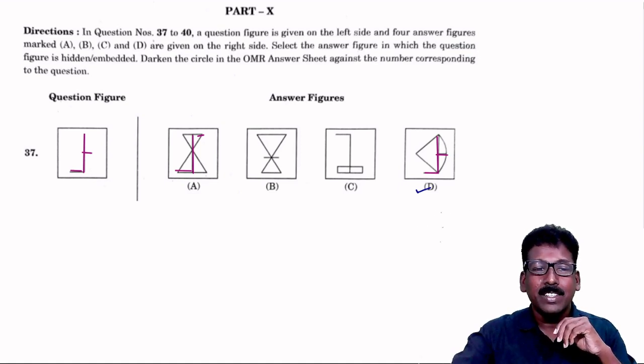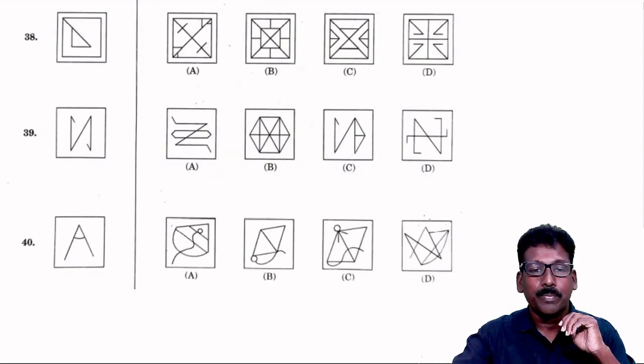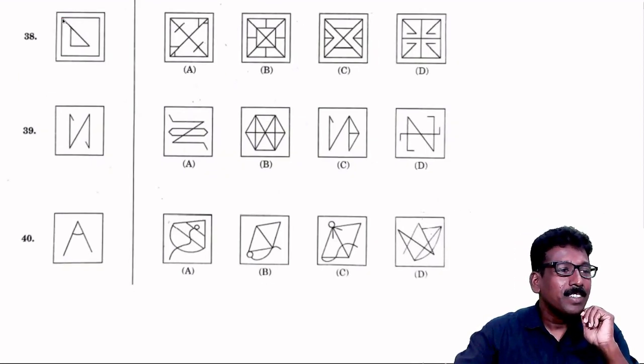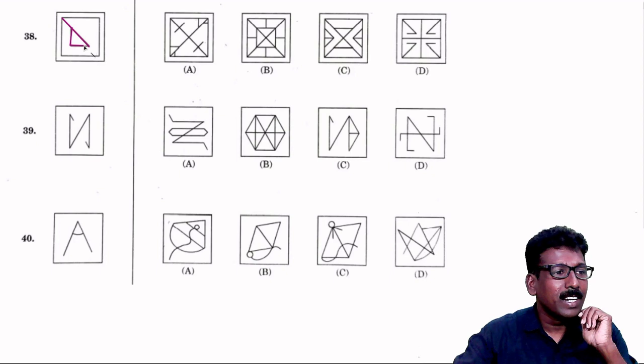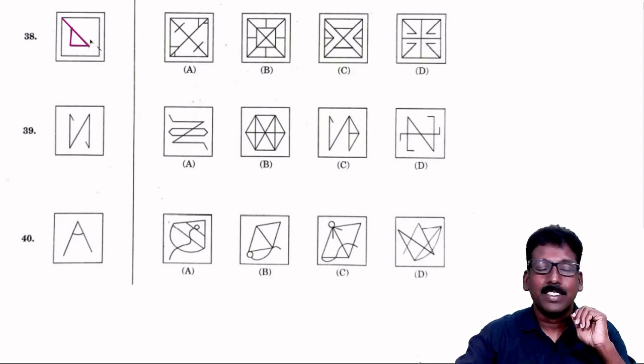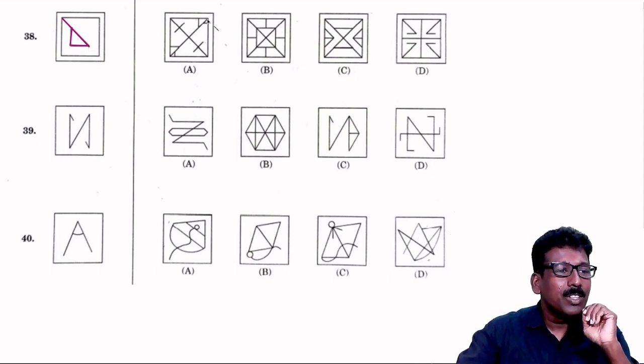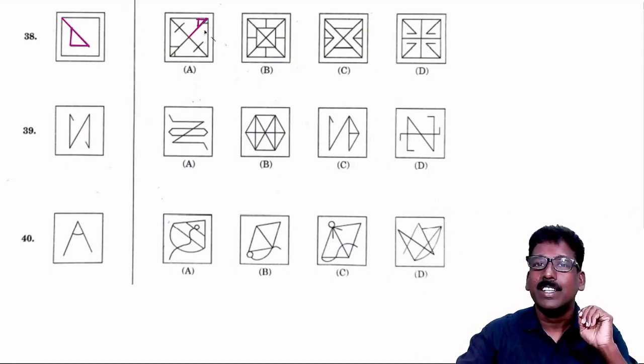Now similarly questions 38, 39 and 40. Just check it out. Look here, a line segment and an acute angle triangle are there. Here you can see option A contains a line segment and an acute angle triangle.